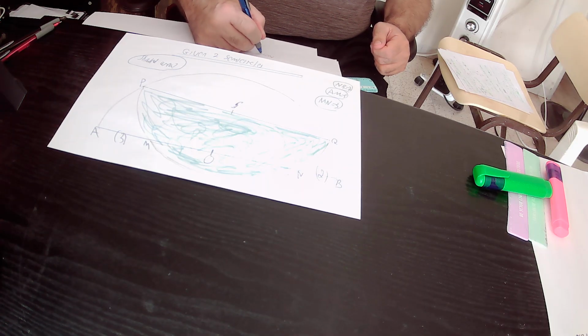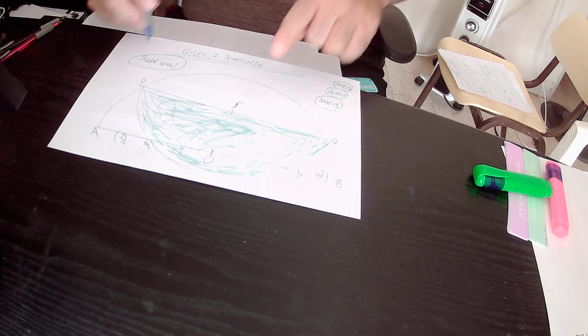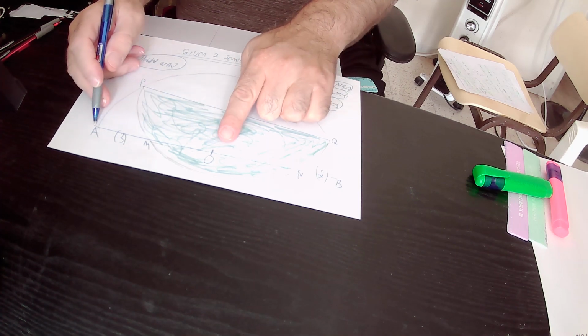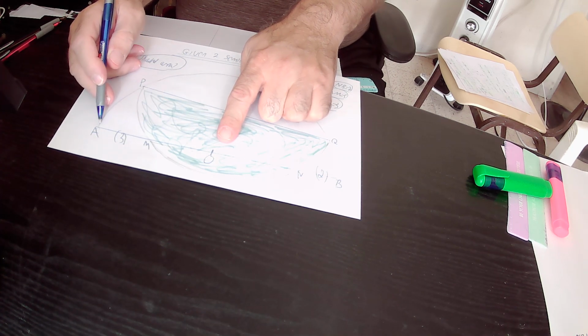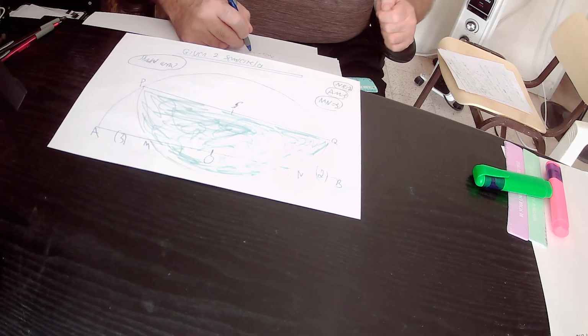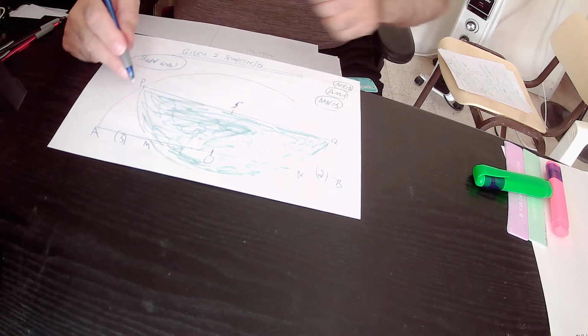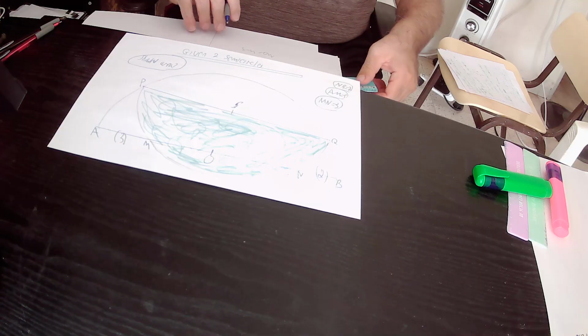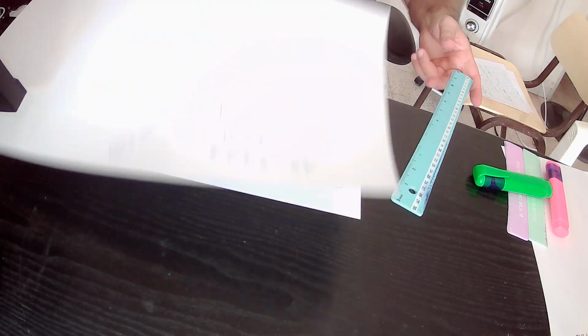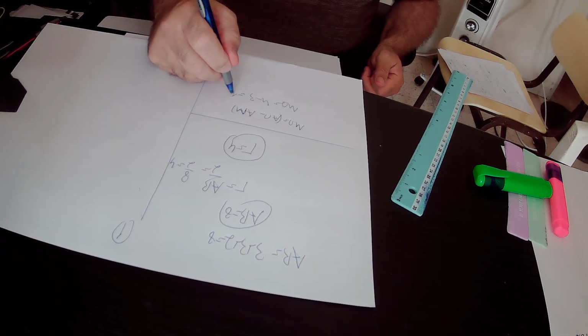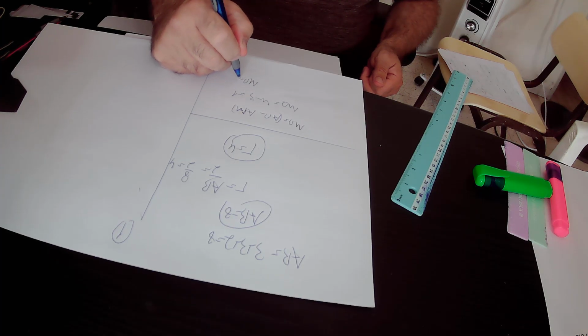AO is the radius of this big semicircle, that is 4, minus AM, which is 3 according to what is given in the question. So in total, MO equals 4 minus 3, that is 1. MO equals 1 unit in length.